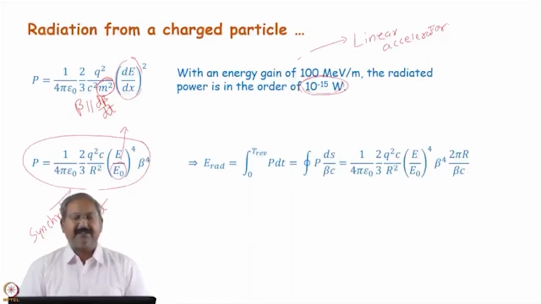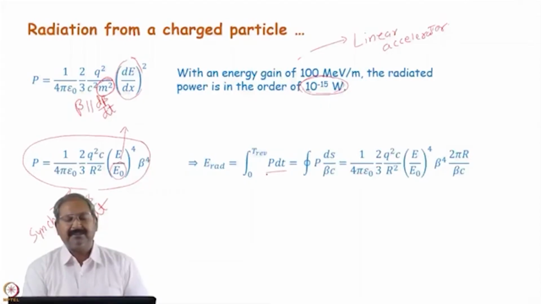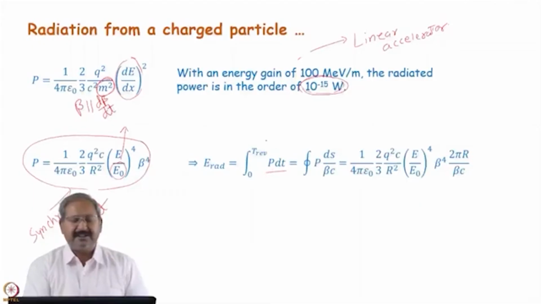Now how much radiation will take place, means how much energy an electron or charged particle will lose in a complete turn in the synchrotron. Definitely energy can be obtained using the time integral of the power, because power is dE by dt, so energy will be the integral of P dt over one revolution.